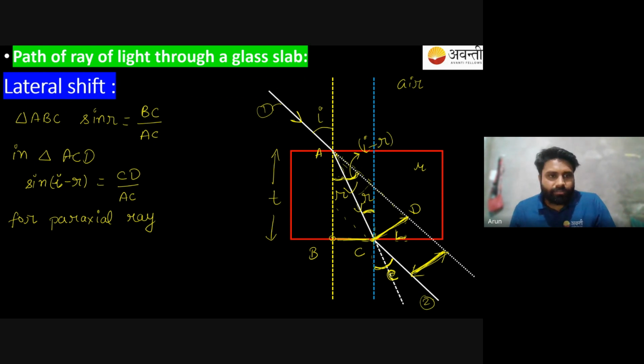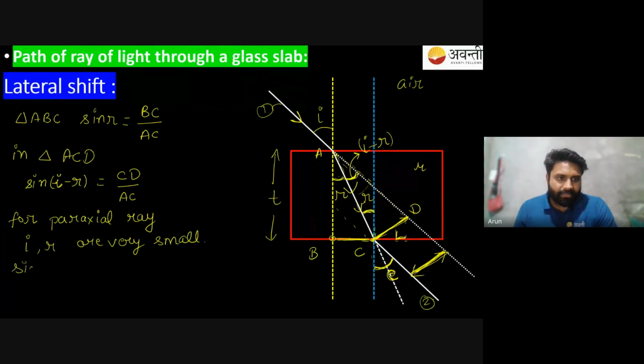So we can consider sine of I minus R as approximately I minus R, and sine R as approximately R.